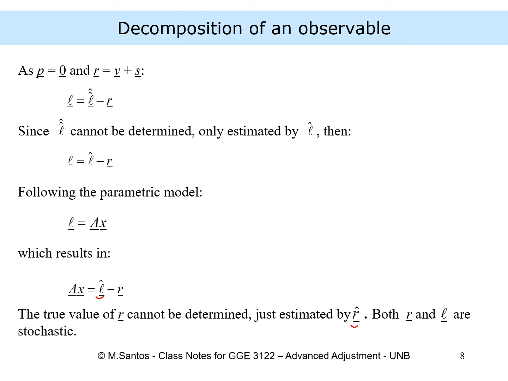What I want to emphasize here, which is very interesting, is that both R and L are stochastic. They are random. So the observation and the residual are stochastic.